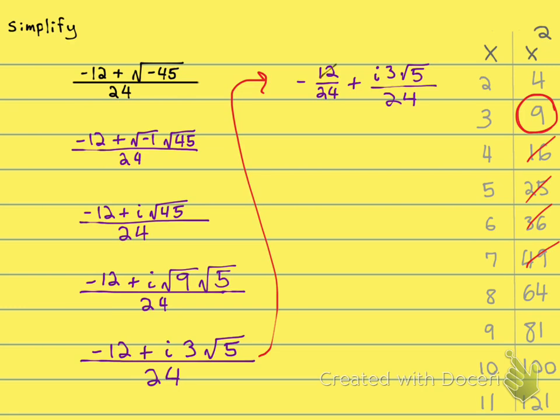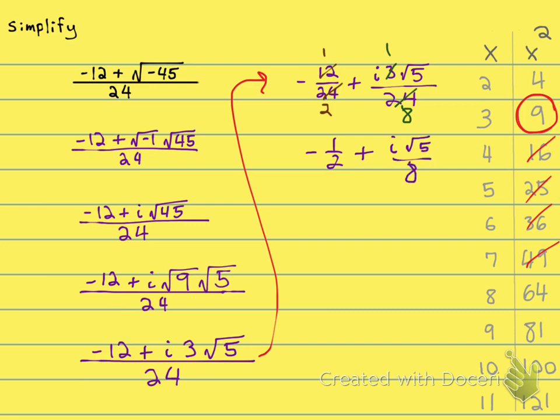I can see 12 over 24, that's 1/2. So I have negative 1/2 plus, I notice that 3 and 24 will reduce down to 1. 3 goes into 3 once, 3 goes into 24 8 times. So this will be i square root of 5 over 8.